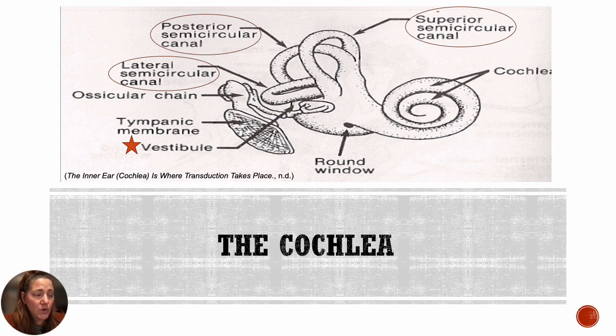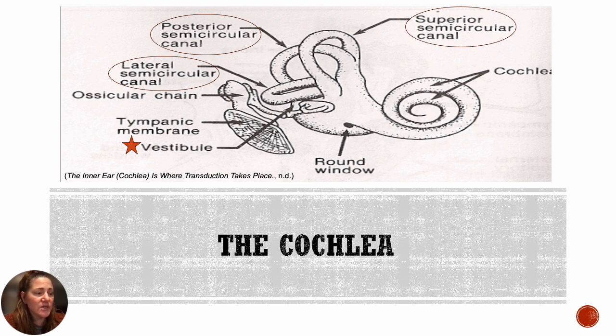The cochlea again is that snail-shaped portion right here. And again, we had it divided into 2 internal chambers within that snail-shaped portion. Sitting on top of those 2 chambers is something called the organ of Corti. Here is where there are stereocilia, or hair-like projections, that are connected to nerves.